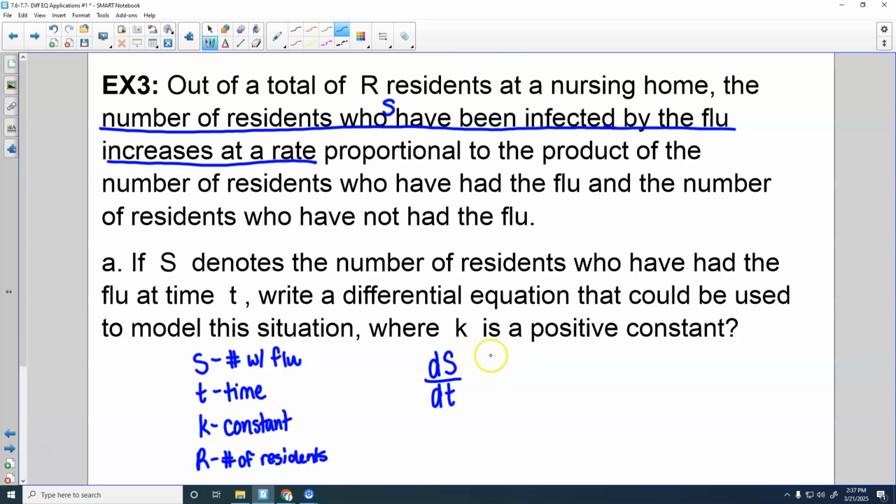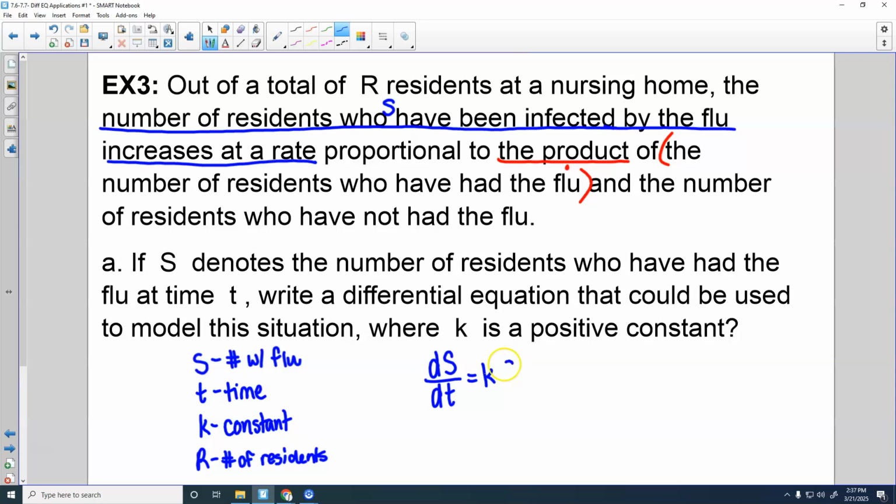Increases at a rate proportional to, that tells us we do K times a value. And then it says the product. What does product tell us to do? Multiply. So we're going to multiply the two things that come after this. We have the number of residents who have had the flu.